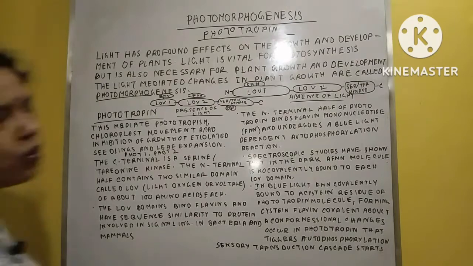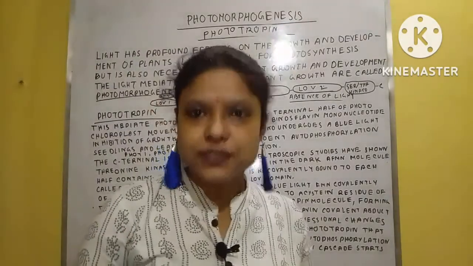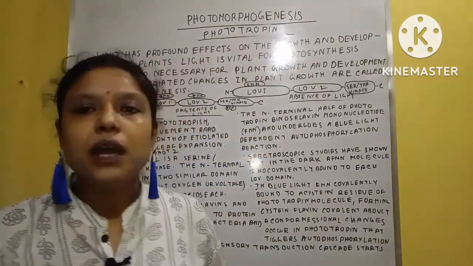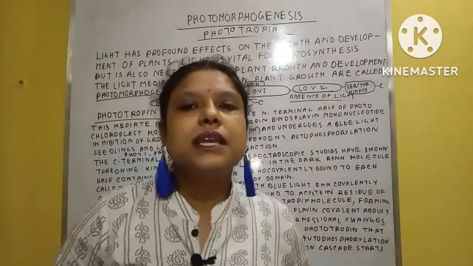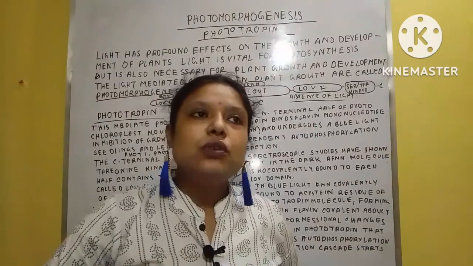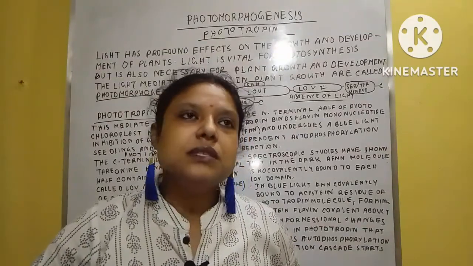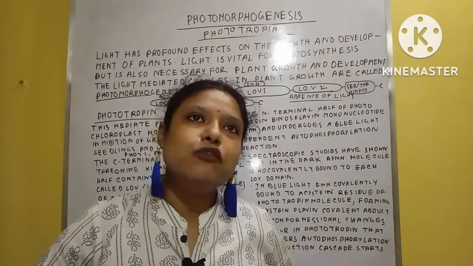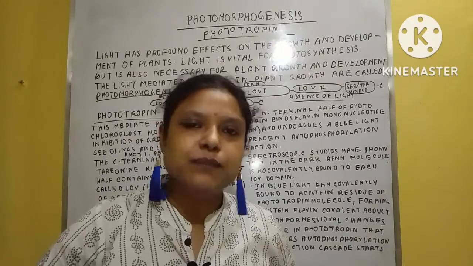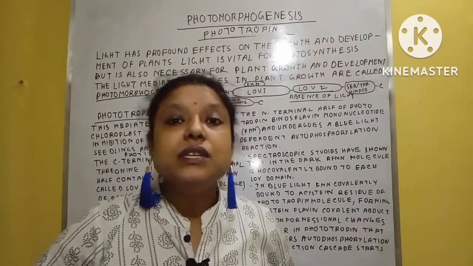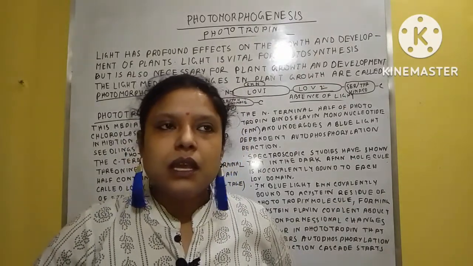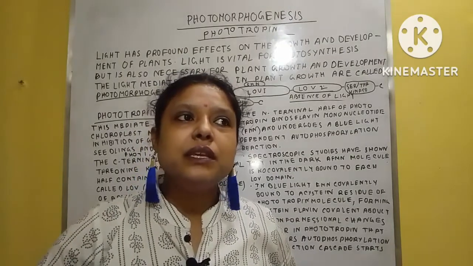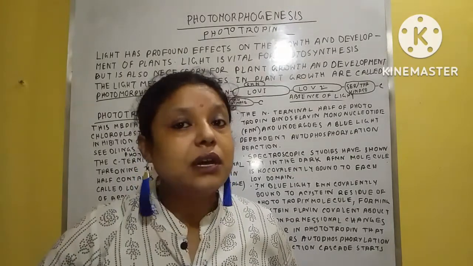Actually, we all know the plant's activity, that is photosynthesis. This is related to light, or you can say photosynthesis is dependent on light. So not only photosynthesis, different growth and development or activity of the plant's body are related to light, generally the blue light or the red light.